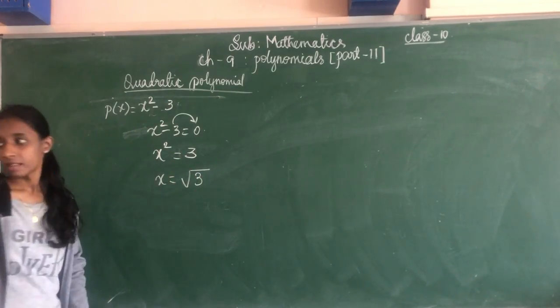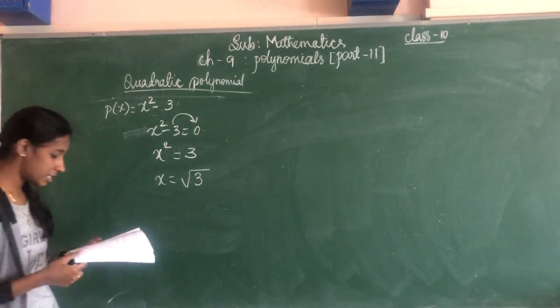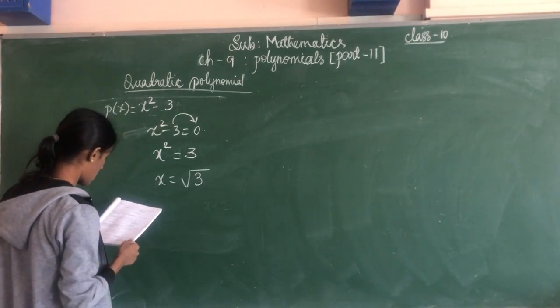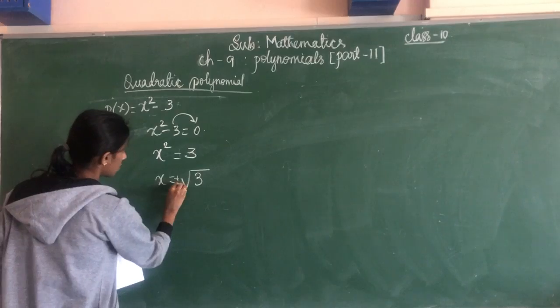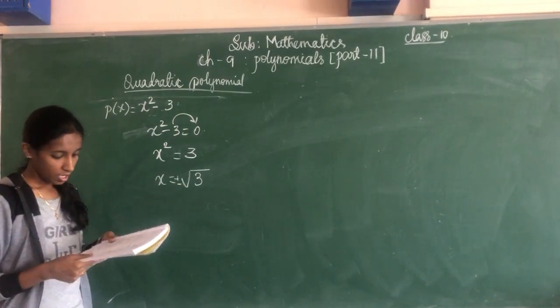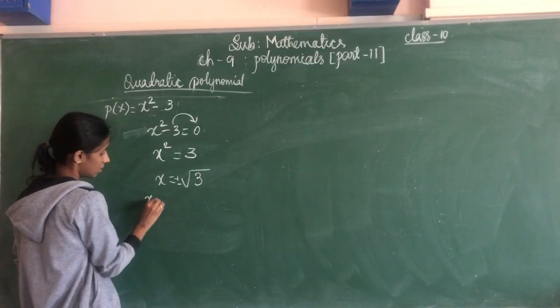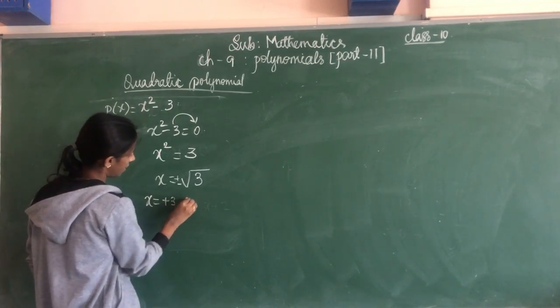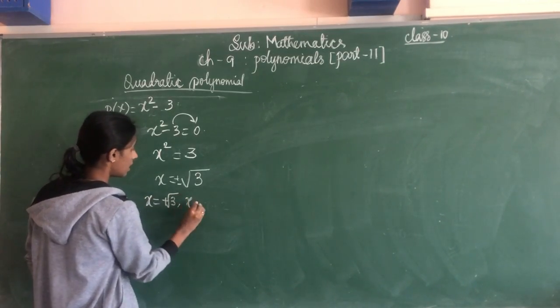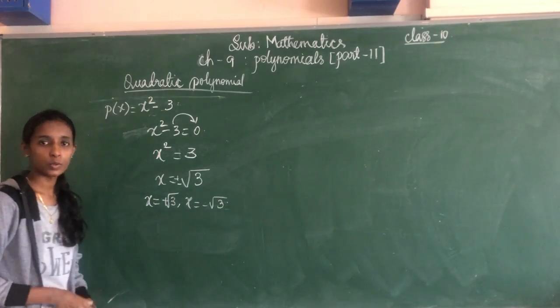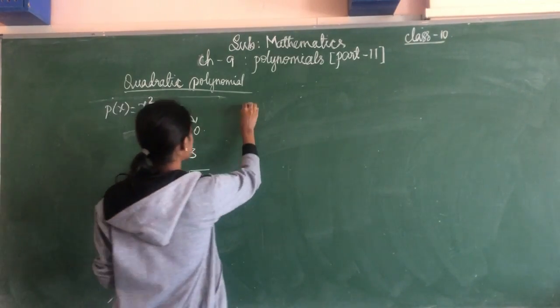From this, x is equal to plus or minus root 3. So you have got two values, that is x is equal to plus root 3 and x is equal to minus root 3.